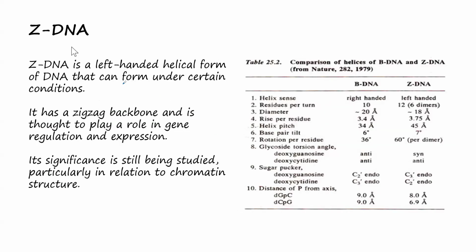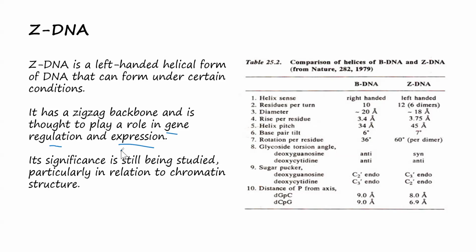Z-DNA has a zigzag backbone and is thought to play a role in gene regulation and gene expression. Its significance is still being studied, particularly in relation to chromatin structure.